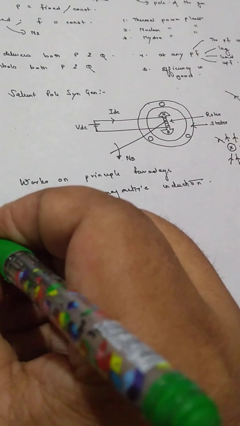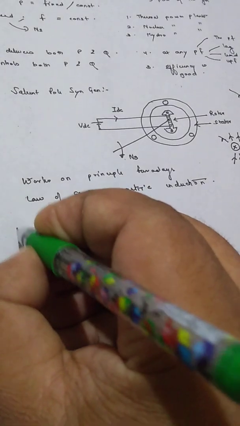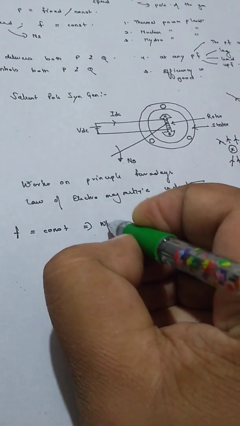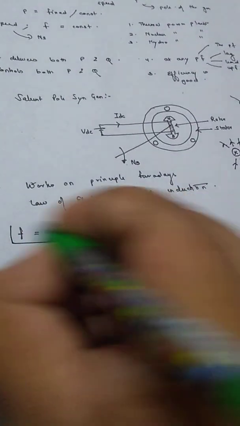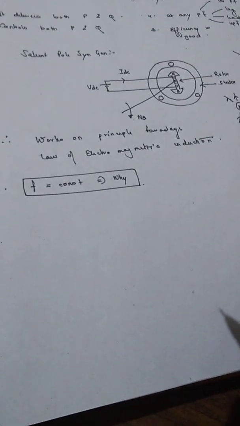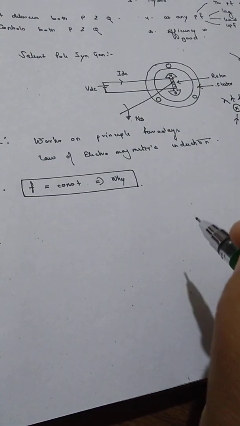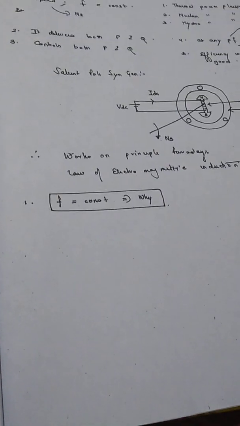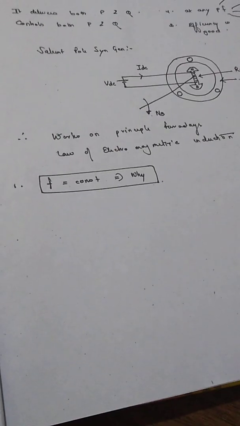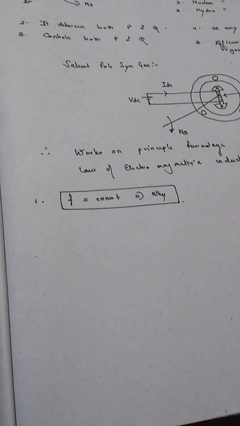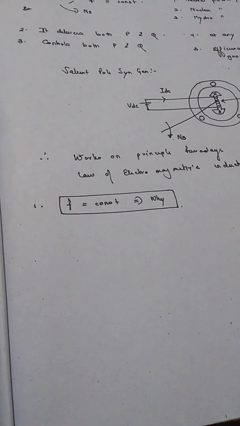So now the question arises, why should the frequency be constant? The frequency should be kept constant because, to have the understanding between generators and consumers, that is loads, the standardization of frequency is essential.